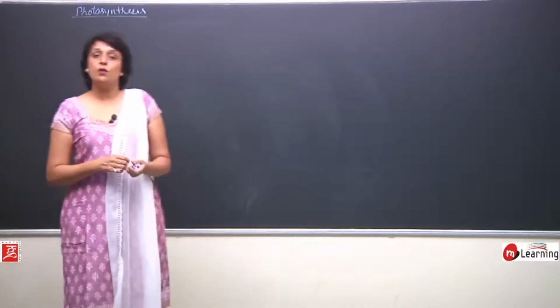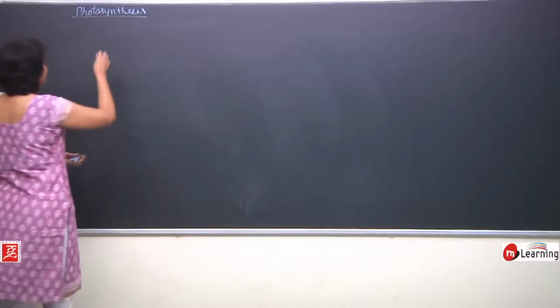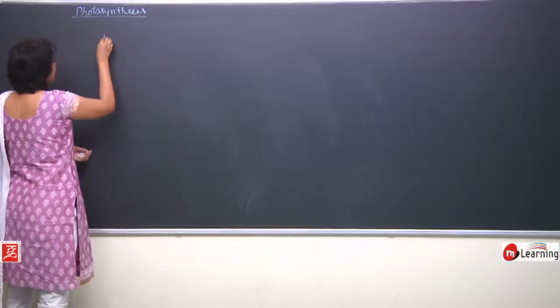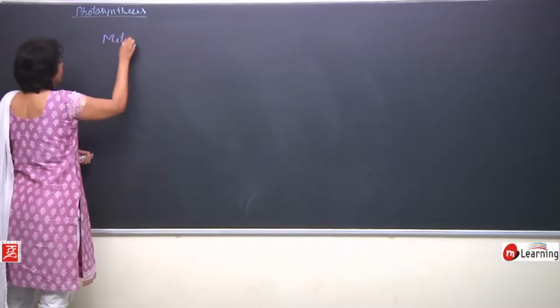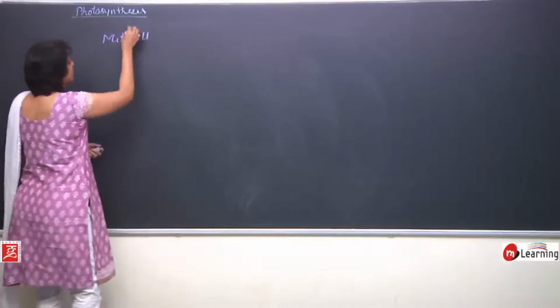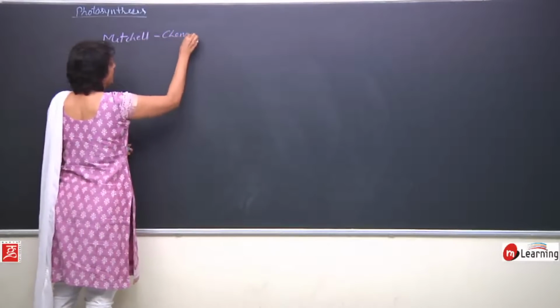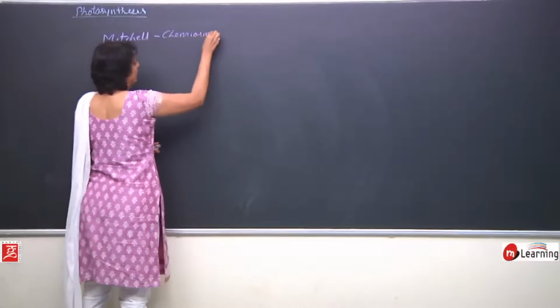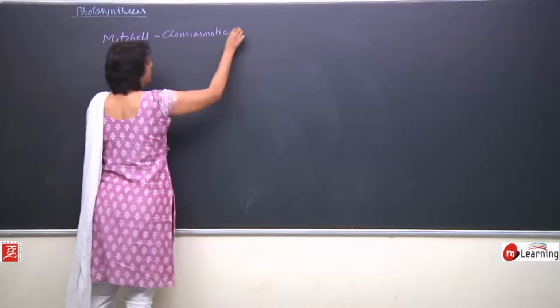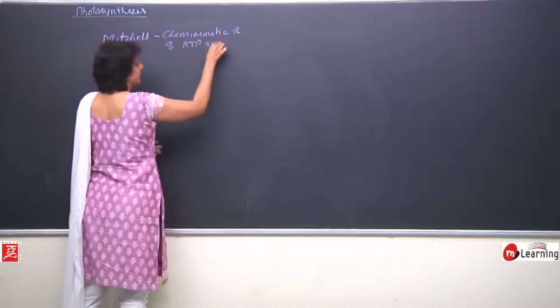The chemiosmotic theory for ATP synthesis was given by a scientist, Mitchell, and the theory is called the chemiosmotic theory of ATP synthesis.